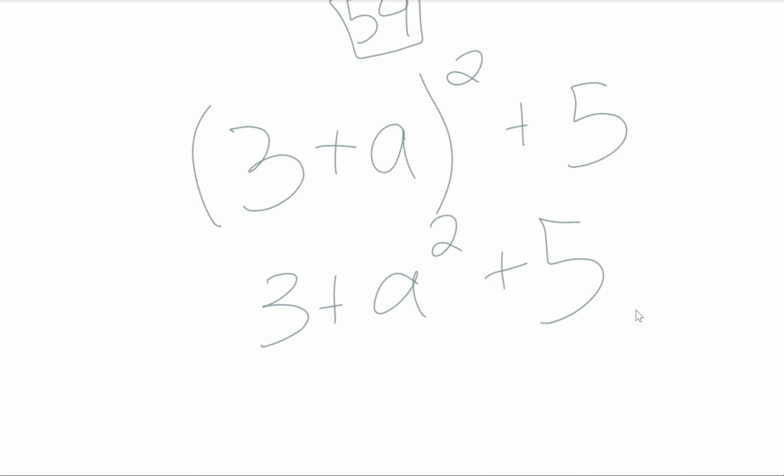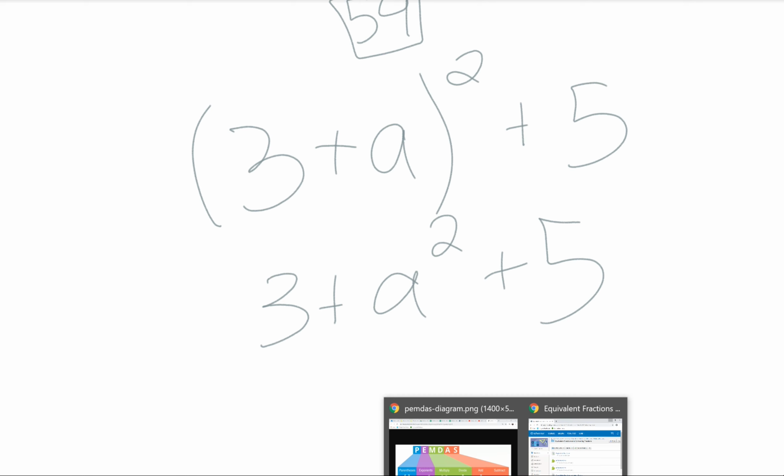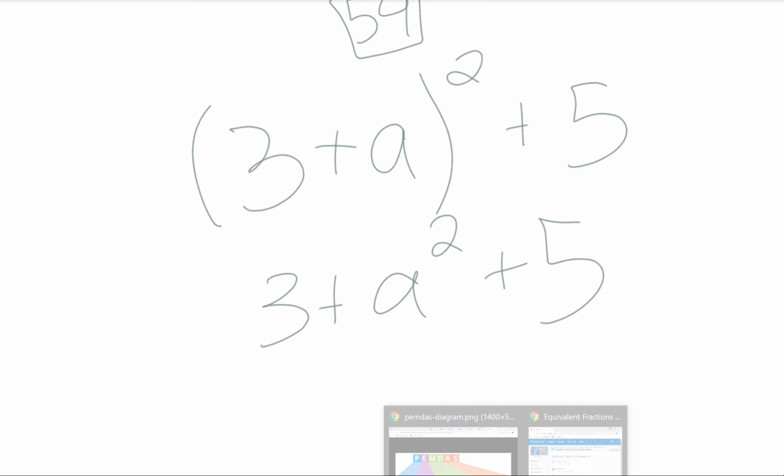So you're actually going to get a different answer. That's why it matters that we use PEMDAS, order of operations, be aware of parentheses, and think about how somebody would have to go through the problem in order to have that variable expression. So let's go back to the IXL problem.